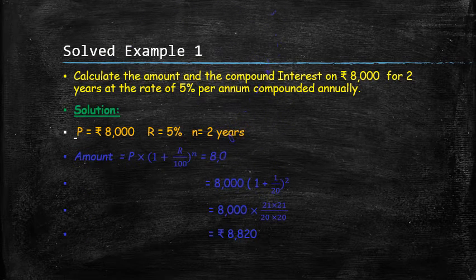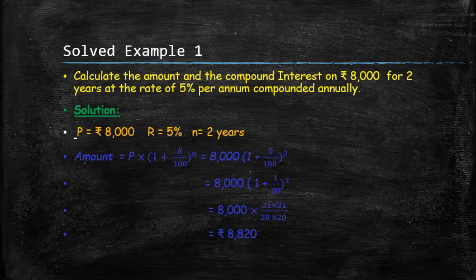Amount is given by the formula P into 1 plus R by 100 the whole raised to N, which is equal to 8,000 into 1 plus 5 by 100 the whole raised to 2. Expressing 5 by 100 in the lowest term, it is changed as 1 by 20. In the next step, we get 8,000 into 1 plus 1 by 20 the whole square.